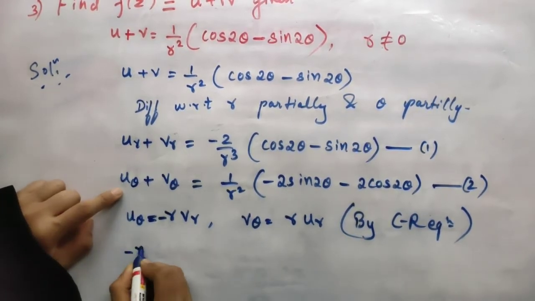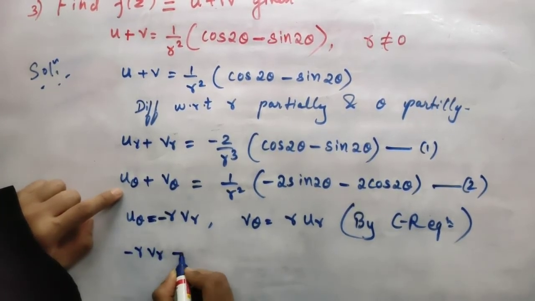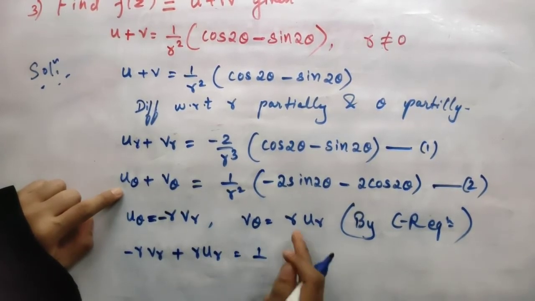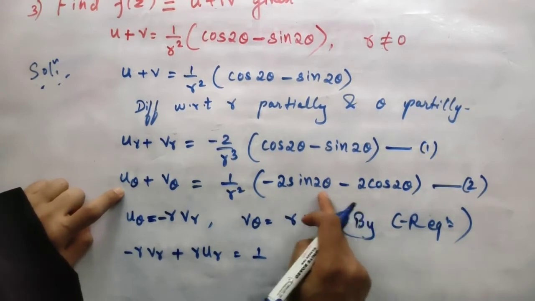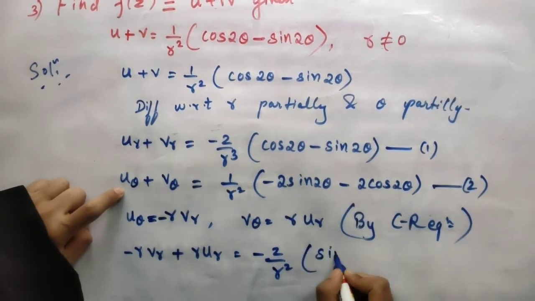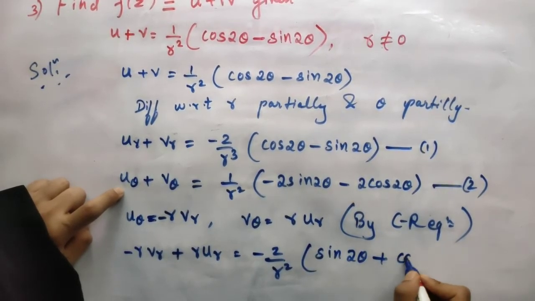Substitute the values of u theta and v theta by CR equations. You get minus r v_r plus r u_r is equal to 1 by r. Now this time you can take minus 2 common from the bracket, so you will have minus 2 by r square times sine 2 theta plus cos 2 theta.